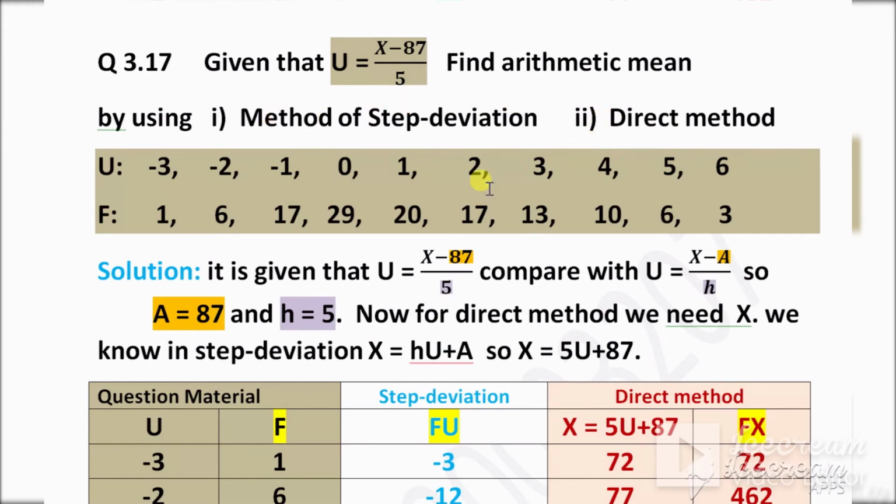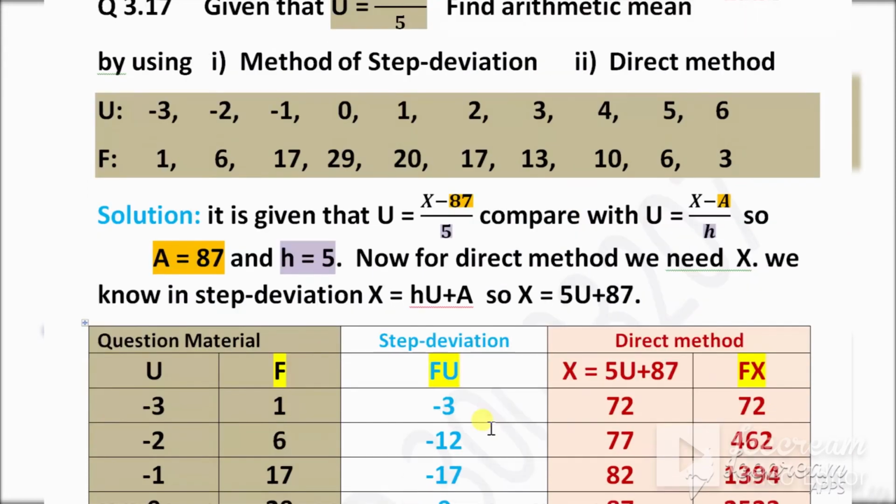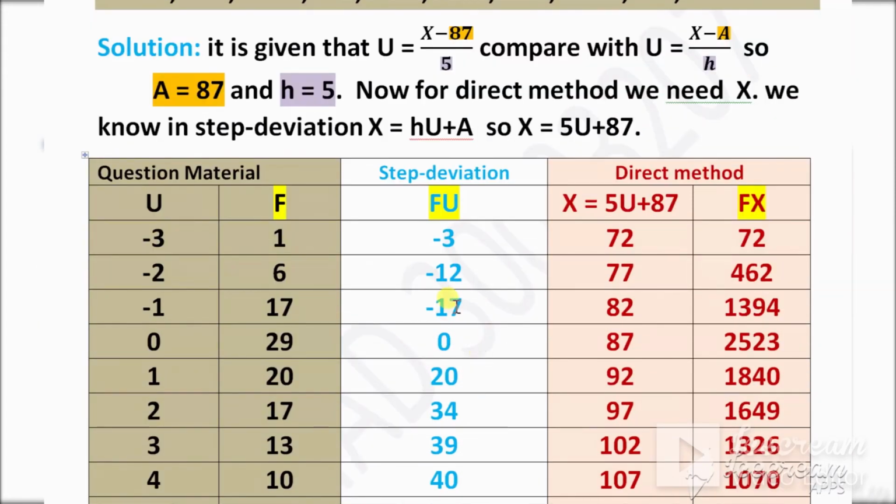First of all, write the question material as it is in the first two columns, and the rest of the columns we will calculate according to the requirement of the formula. It is given that u is equal to x minus 87 over 5.